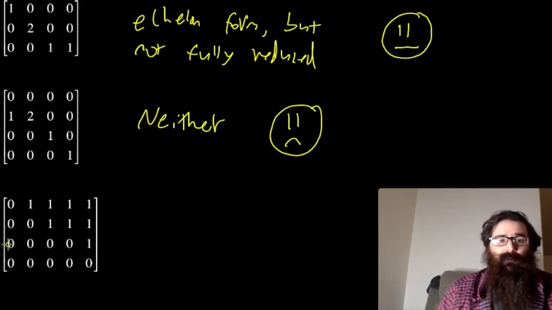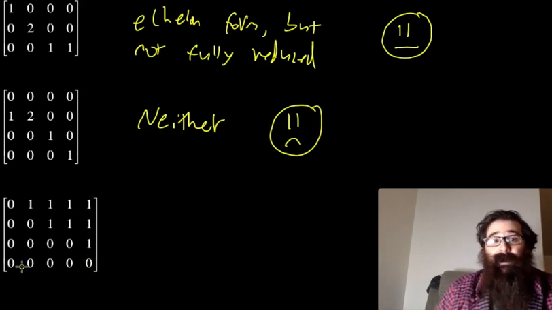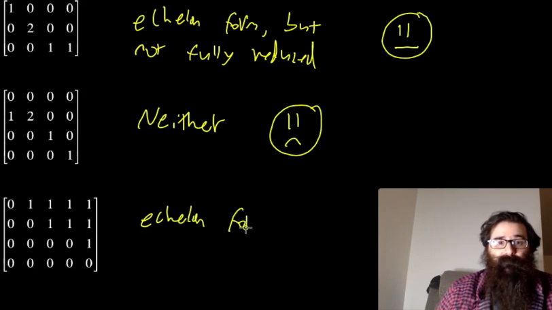Now I go to my third row, I pass through the zeros again and again and again and again, and I hit my leading entry, which is a 1, which is good. 0 beneath it, but I don't have zeros above it, so that's no good. And then here, my last row is a row of all zeros, and it is at the bottom, which is nice. So this is actually a very nice looking matrix. This one is echelon form, but not fully reduced.